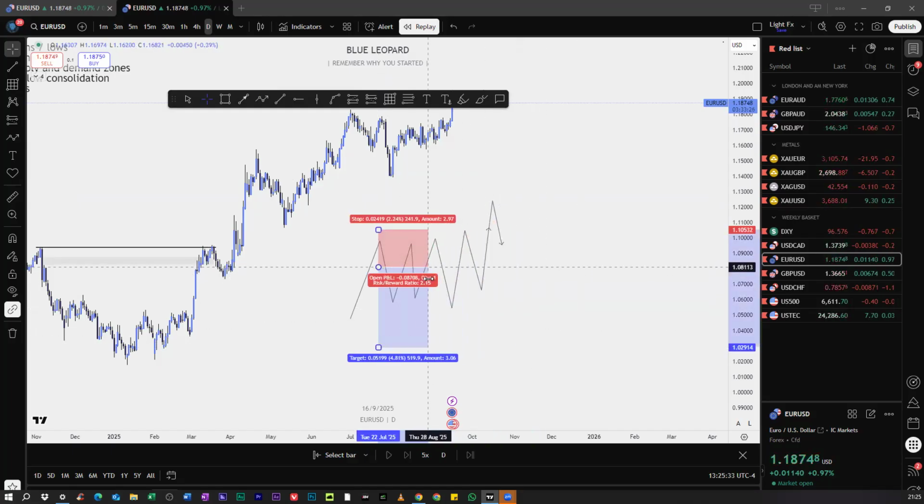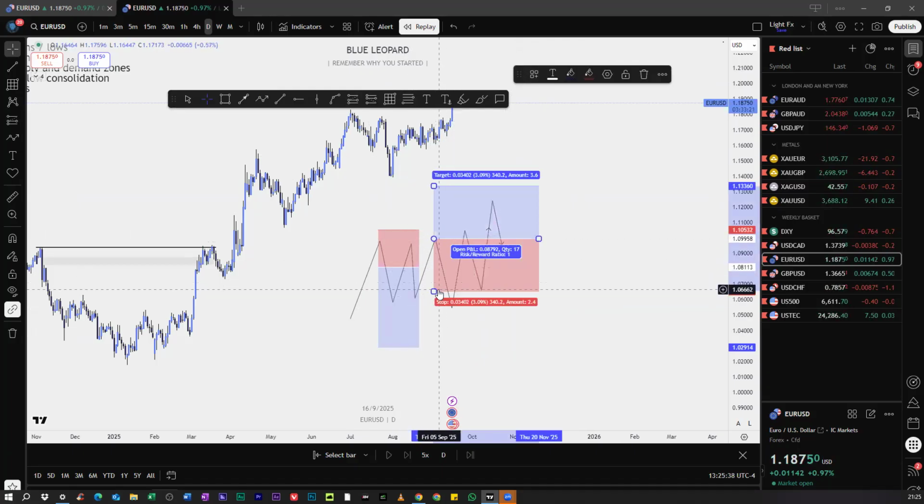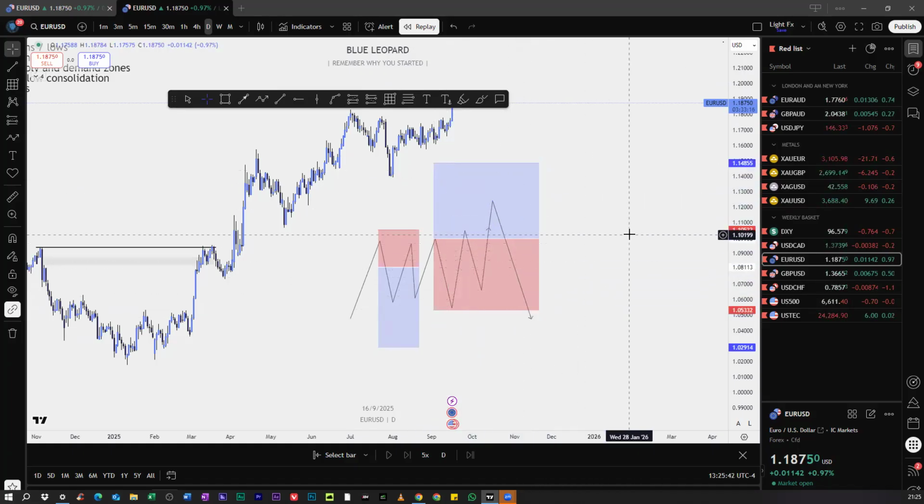But we also have some buyers. They thought that when price breaks this level, I have to protect here and then buy. What does price do? Boom, stop loss.